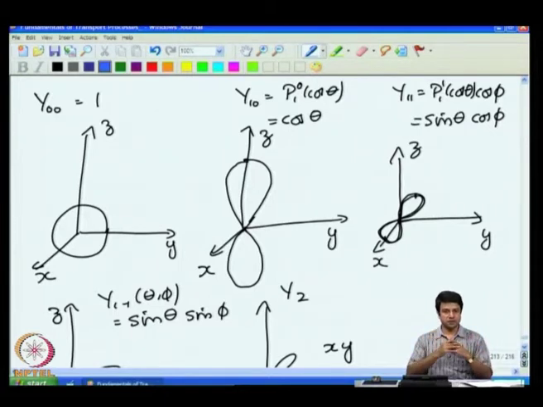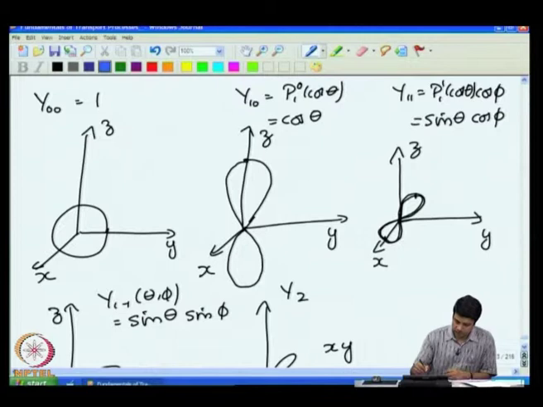So, surfaces of constant Y00 are spherical shells. Y10 basically looks like a dumbbell along the z axis. Y10 is P10 of cos theta, and as theta varies from 0 to pi, cos theta goes from 1 down to 0 and then minus 1. So, it is often plotted this way.